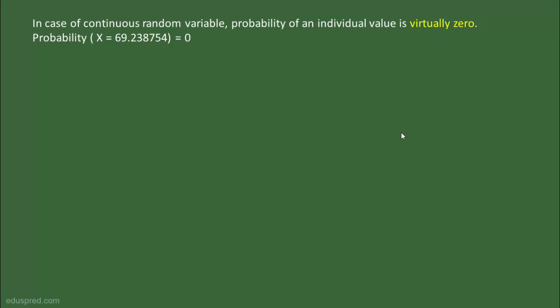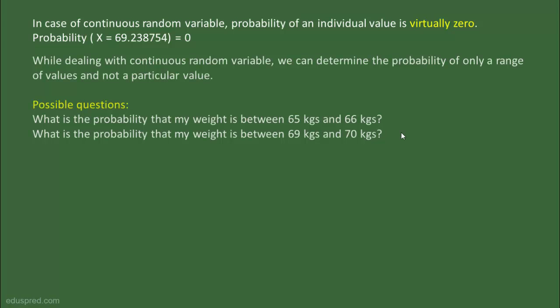So the probability that my weight is equal to a particular value is virtually zero. So this means that while dealing with continuous random variables, we can determine the probability of only a range of values and not a particular value. So we can determine the probability that my weight is between 65 and 66 kgs, or say the probability that my weight is between 69 and 70 kgs.